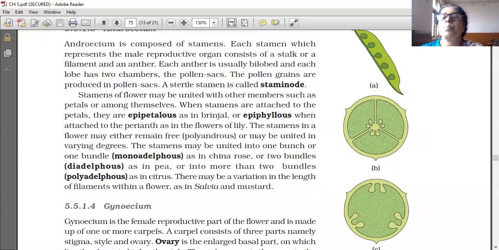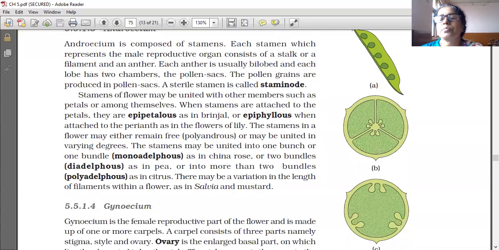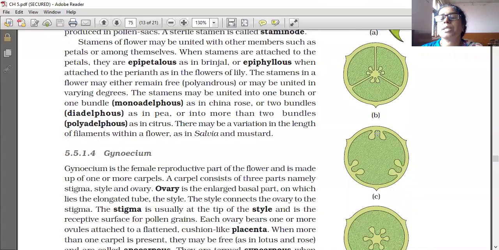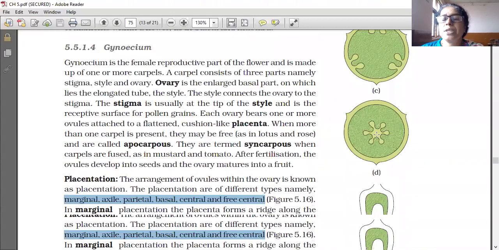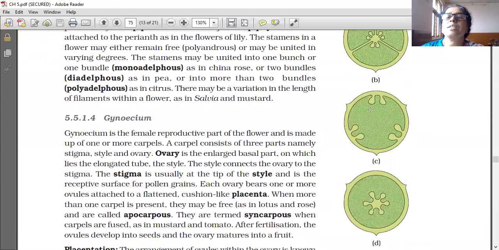These are the types of placentation. This is marginal placentation, where the placentae are arranged on the margin. This cushion-like structure joining the ovule to the ovary is called the placenta. Then axile placentation, parietal placentation, free central placentation. What is the difference between these?